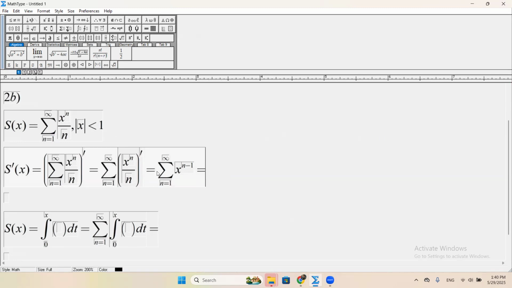Again, we have the geometrical progression: x in power of n minus 1, so 1 plus x plus x square plus x cube, and so on.